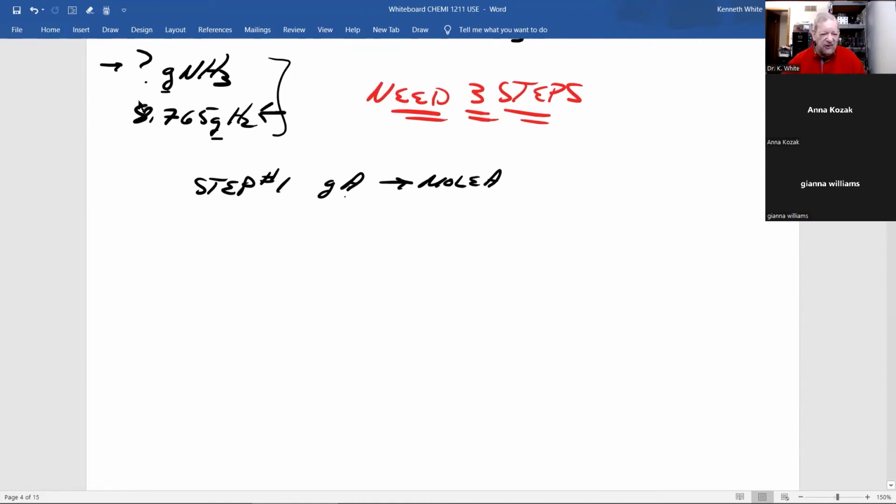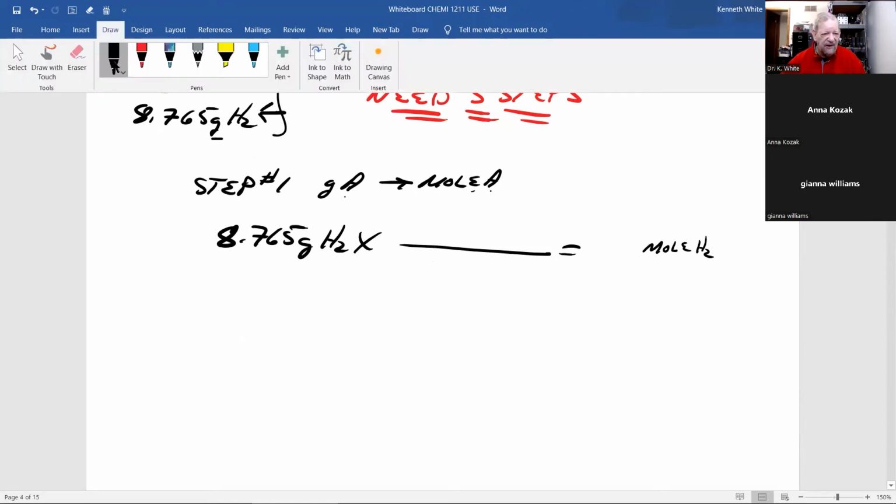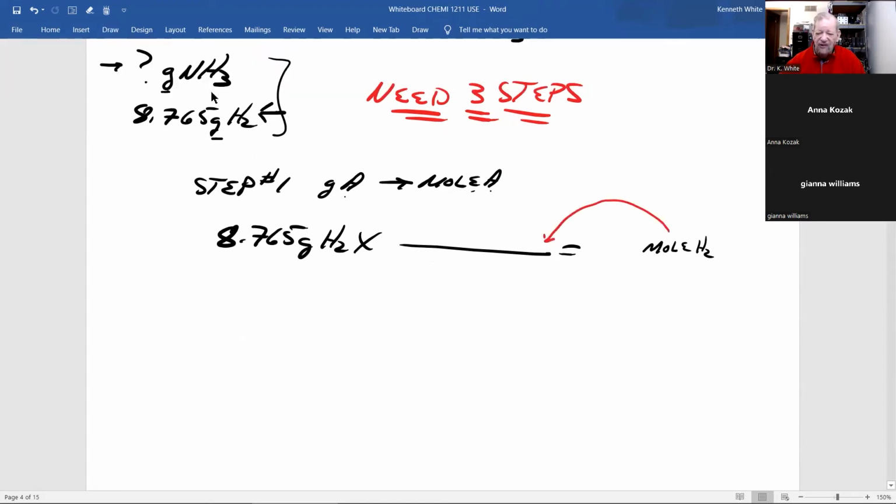So what we need to do now in one step, go to moles, what's A? Hydrogen. And now we'll use our good friend: whatever we're trying to get to goes on top of the ratio, whatever we're trying to get rid of goes underneath. And I'll write that in.